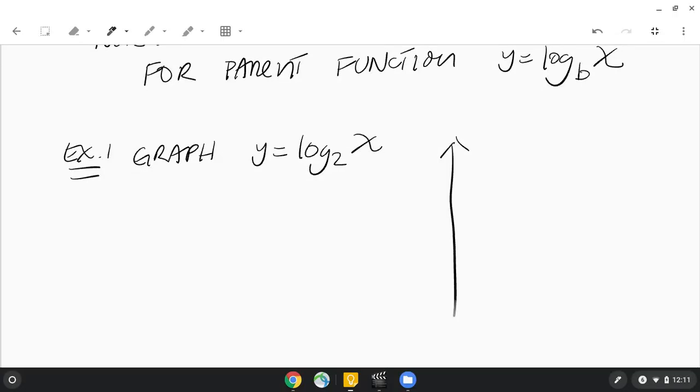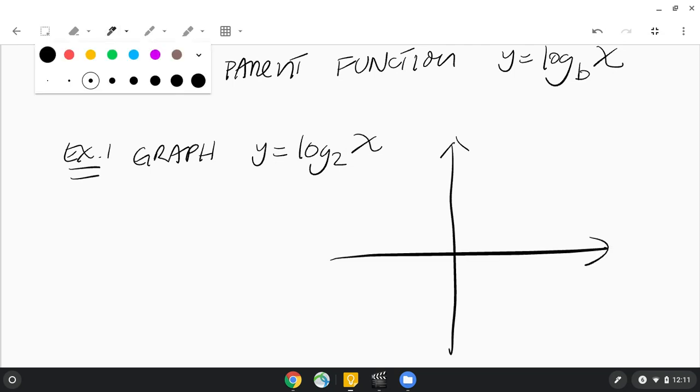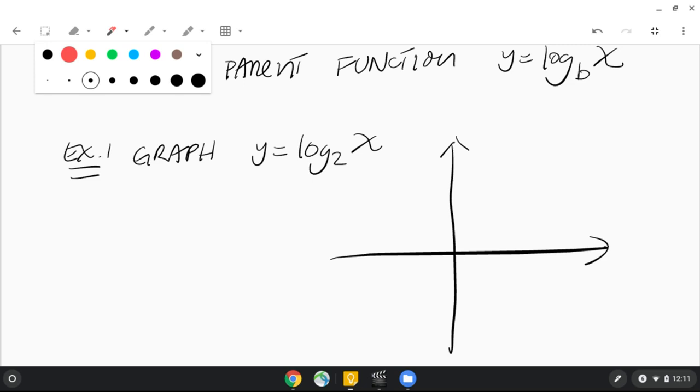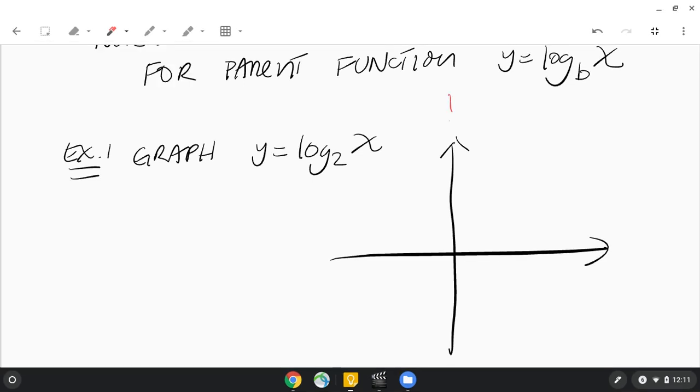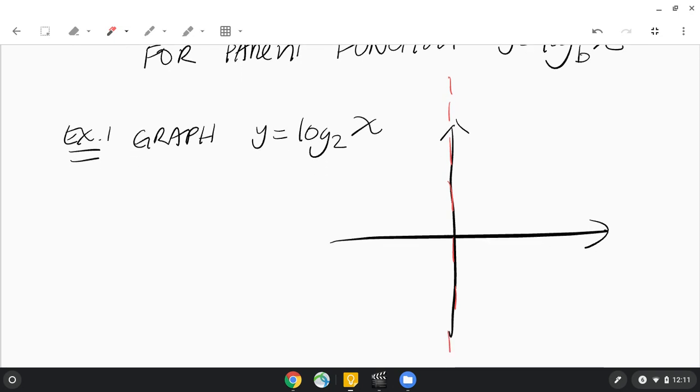We said that we have a vertical asymptote at x equals 0, so we start off with that. If we have any transformations, then this will also shift left or right along with the graph.